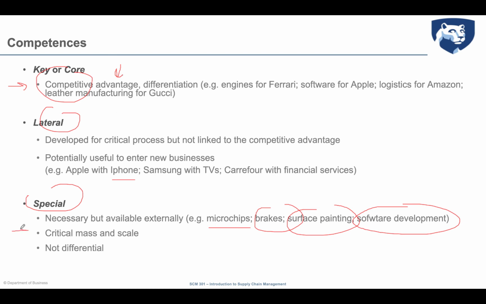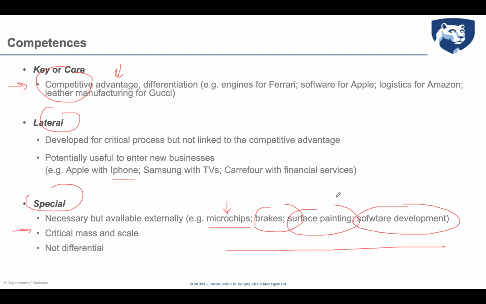While instead, if the competence related to the goods or the service is special, again, think about all these types of purchases. Well, these are good candidates to be bought from external, because they are competences which are necessary to be put in the product. We cannot sell a computer without the microchips. We cannot sell a car without brakes.